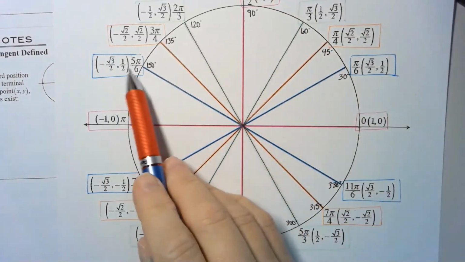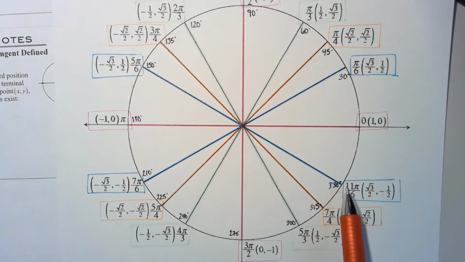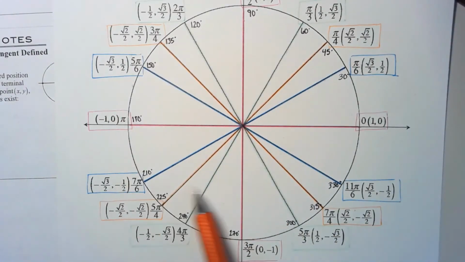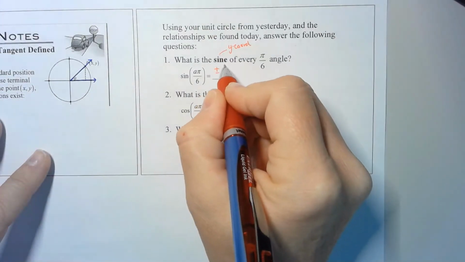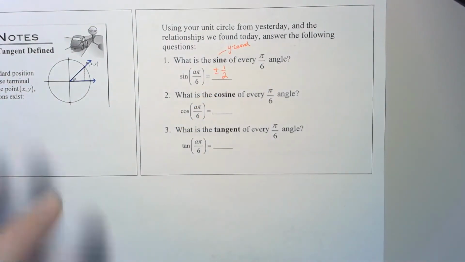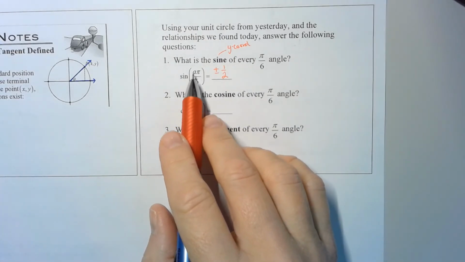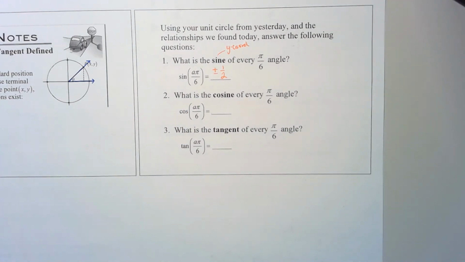You see my blue lines, 5 pi over 6, pi over 6, 11 pi over 6, 7 pi over 6. It wants the sine or the y-coordinate. 1/2, 1/2, negative 1/2, negative 1/2. So all pi over 6 angles have a y-coordinate of either positive or negative 1/2. Right, so when we're in the form sine of a number, pi over 6, so 5 pi over 6, 7 pi over 6, 11 pi over 6, the sine will always be 1/2.